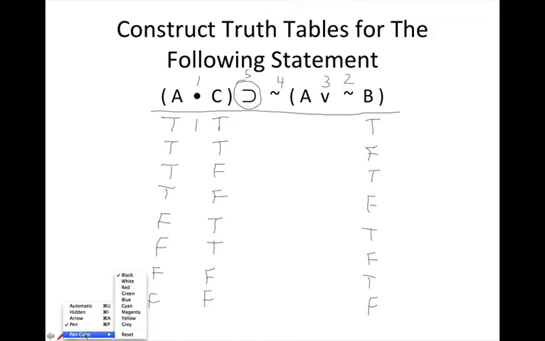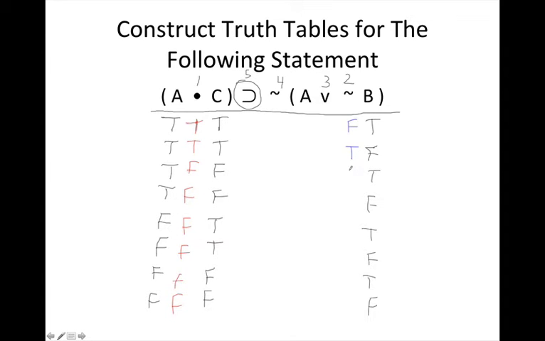Actually, let me change pen colors here. So true, true, false, false, false, false, false, false. And then I'm going to go back to, I'll keep it red for right now. Or actually, no, I'll make the last tilde red. Okay. False, true, false, true, false, true, false, true.